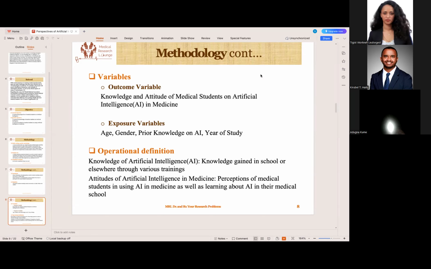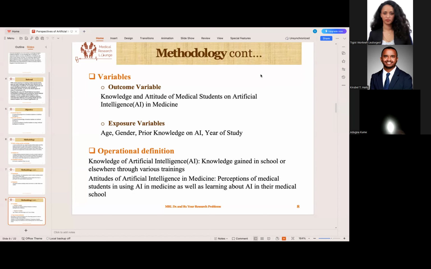So at least you could have assessed the tool for which you have collected data for internal validity. But I think it's not reported in the study. Still, you can run that and show us whether there is at least internal consistency of the tool that you have used to assess these parameters.